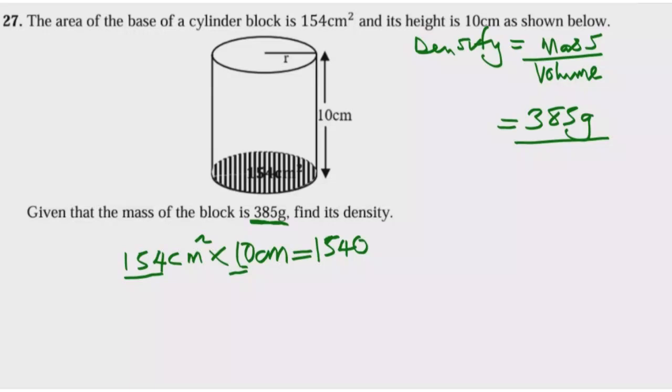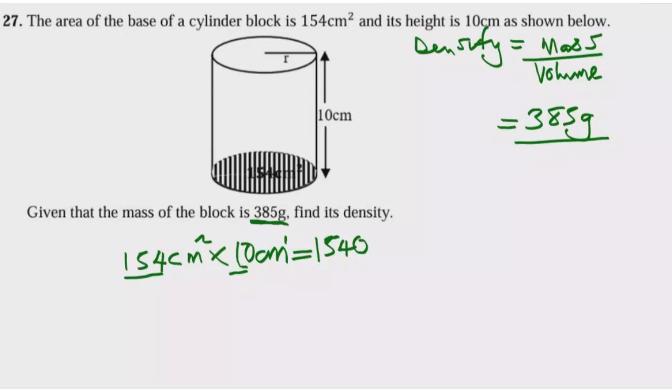Now remember, we are multiplying centimeter squared times centimeter. It's more or less like this one has got a power of 1. So what we do here, we just add 2 plus 1, which will give us 3. So when you're multiplying the same base, all you need to do is add the powers, add the exponents.